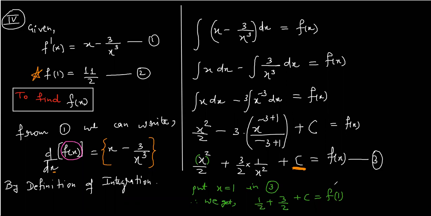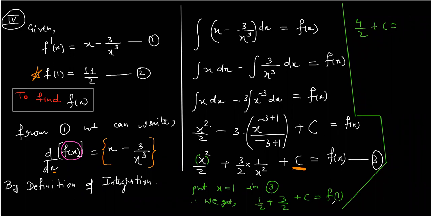So next step, what do you get? You get 1 by 2 plus 3 by 2 is 4 by 2. 4 by 2 plus c equals f of 1. f of 1 is given as 11 by 2.